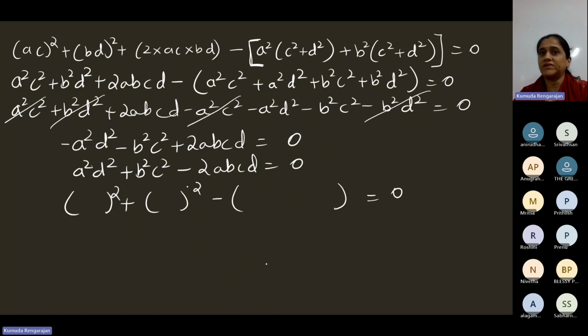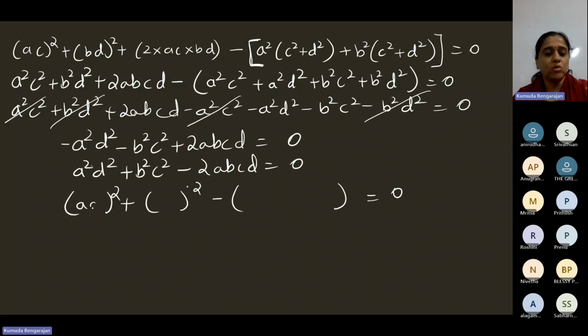Three terms with two perfect squares, no? A squared d squared and b squared c squared are two perfect squares. So it can be x squared plus y squared minus 2xy. So we'll just see. Okay.